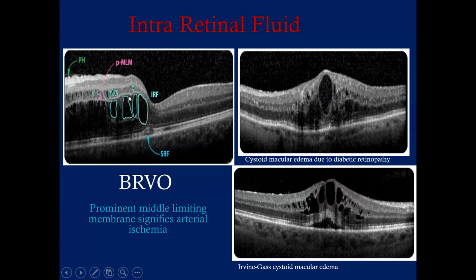If you find prominence of the middle limiting membrane, it shows that there is arterial obstruction causing ischemia, and this patient is likely to have poor vision even after injection, and is likely to develop neovascularization later on as a complication. This is cystoid change in the center of the macula and the foveal area, this cystic cavity, and there is some intraretinal fluid. So this type is CME or cystoid macular edema.